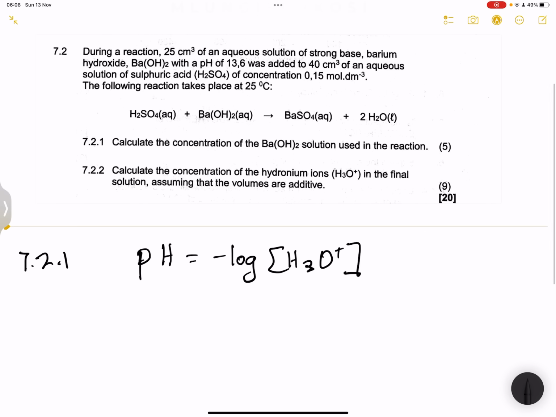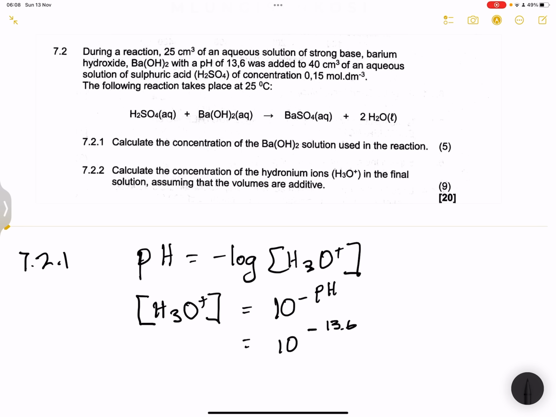That's what pH is. So now, when I am given the pH and I want the concentration, please don't waste time: it will be 10 to the minus pH. So this will be 10 to the minus 13.6.